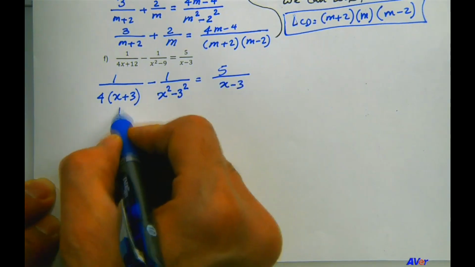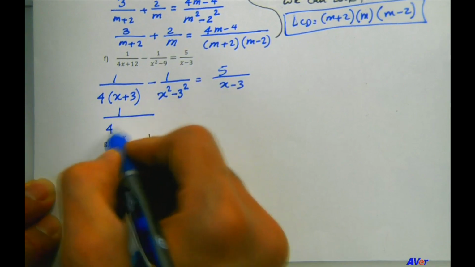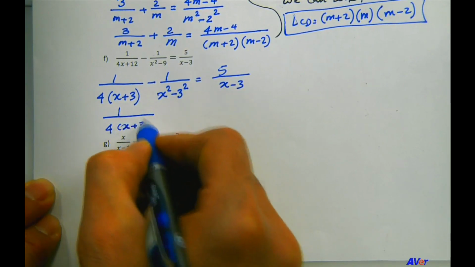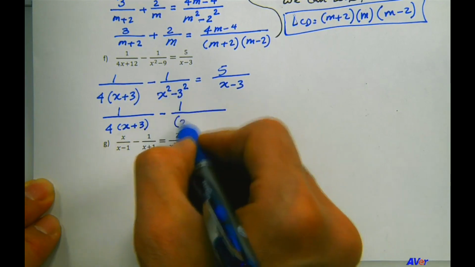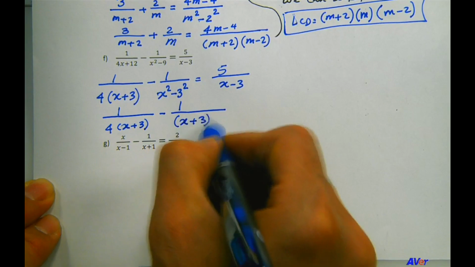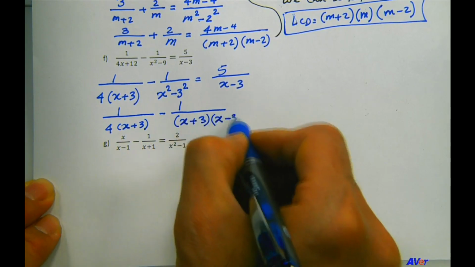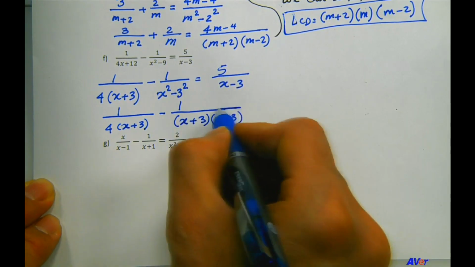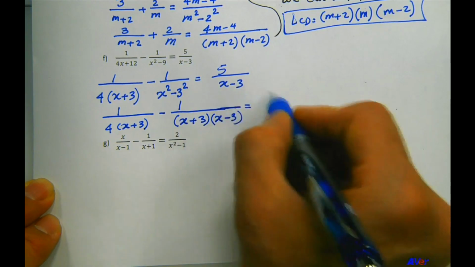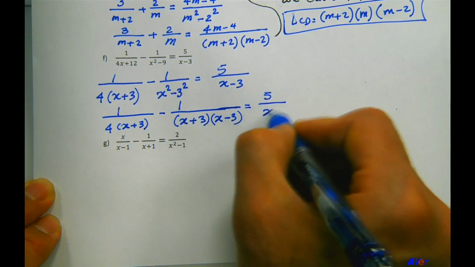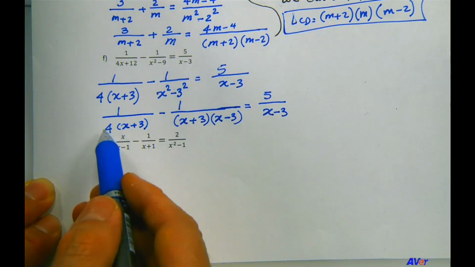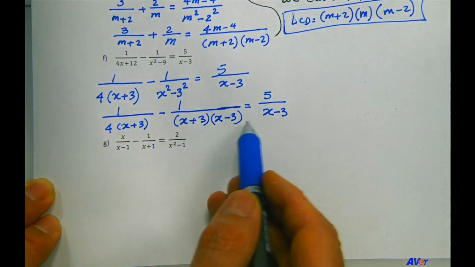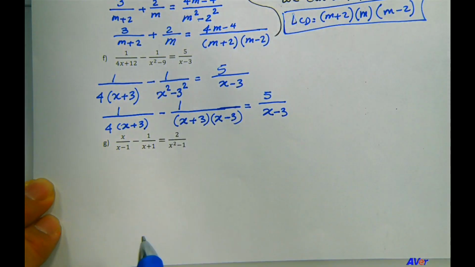So we have 1 over 4 times x plus 3 minus, we have to factor this now, x plus 3 times x minus 3, equals 5 over x minus 3. Now, are all denominators in factored form? Yes. Now we can look for the LCD.